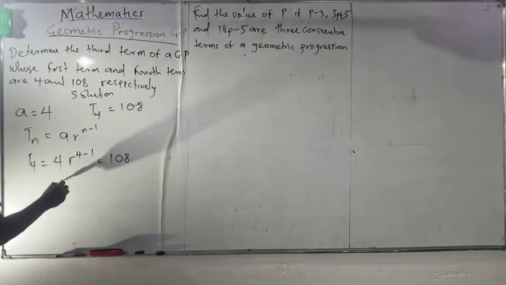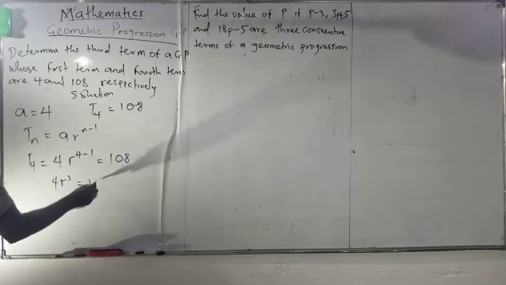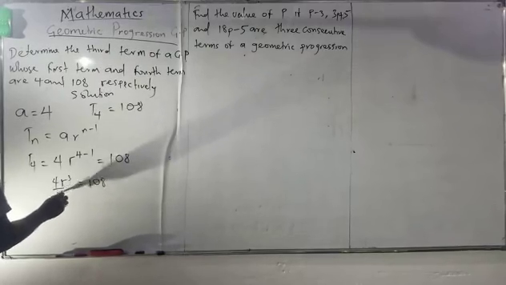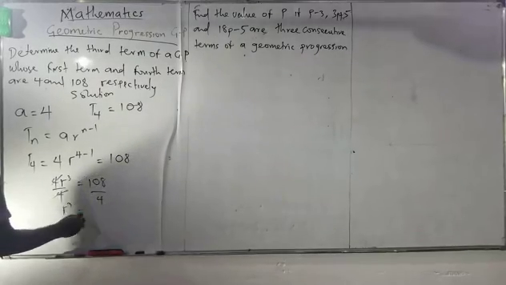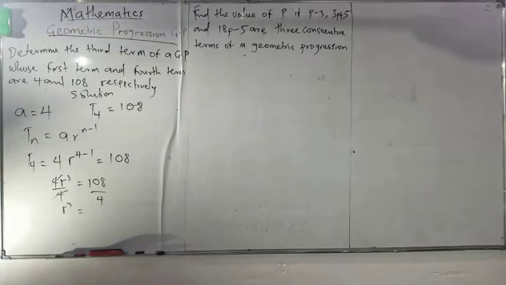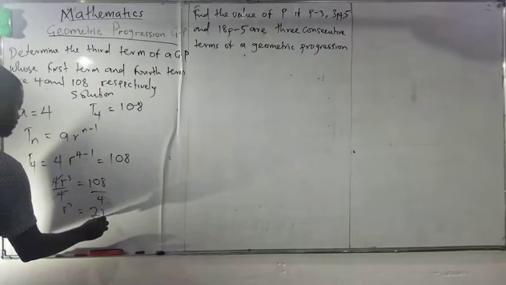At this junction, I'll be having 4R cubed equals 108. Divide that by 4 on both sides. This will cancel, and when you divide this number by 4, R cubed will be 27.